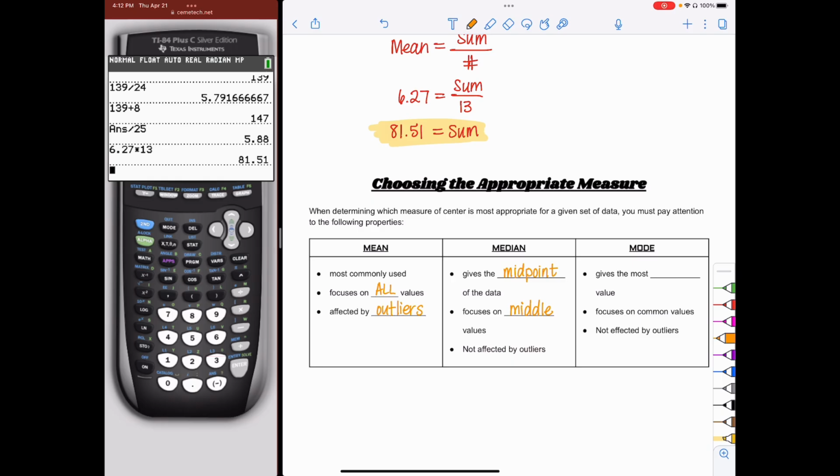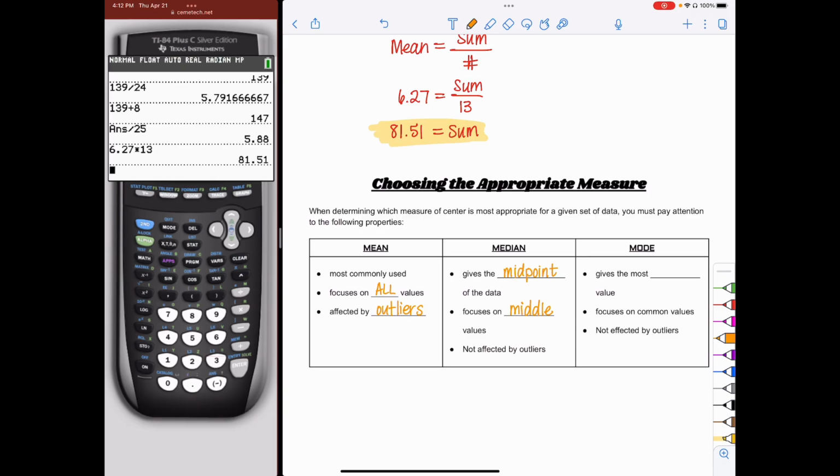And as you can see, median is not going to be affected by the outliers, because remember, when you find the median by hand, you organize your numbers in order and you cross numbers off from the ends until you get to the number in the middle. So a number that's really, really big or really, really small will not affect it, or not affect it that much.